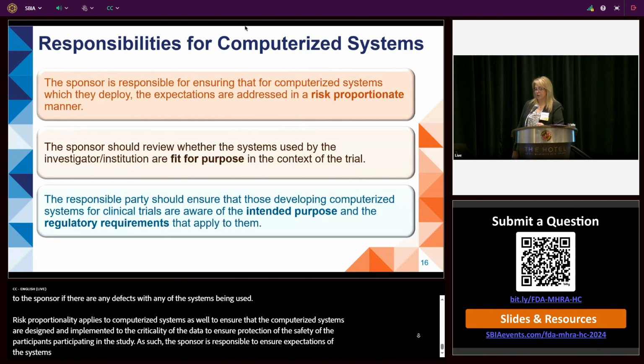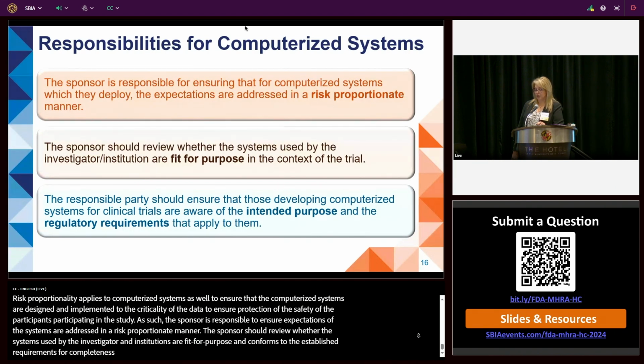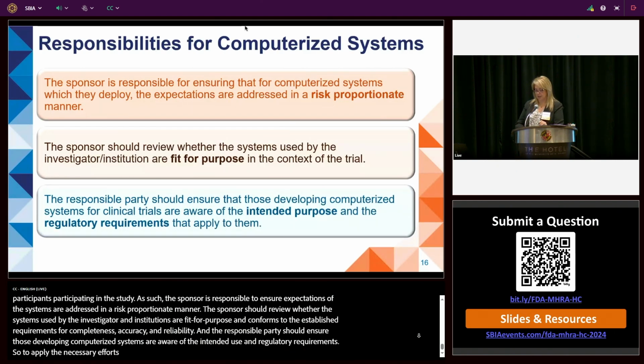The sponsor should review whether the systems used by the investigators and institutions are fit for purpose and conforms to the established requirements for completeness, accuracy, and reliability. And the responsible party should ensure those developing computerized systems are aware of the intended use and regulatory requirements, so as to apply the necessary efforts in the design of those computerized systems to comply with these requirements.